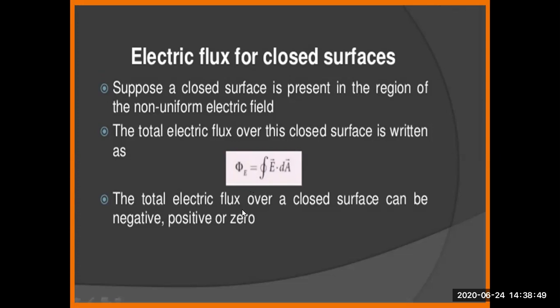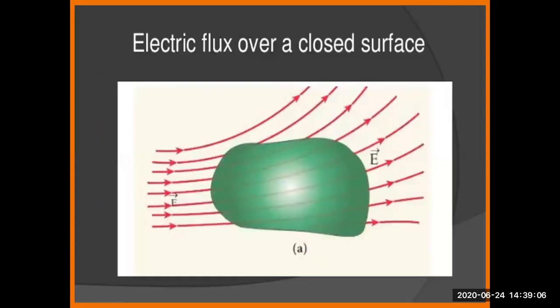This is also a repetition of that, but here we put this integral sign, so we will have to take limits, from 0 to n, where n is the number of all those small pieces. So this is the electric flux over a closed surface.